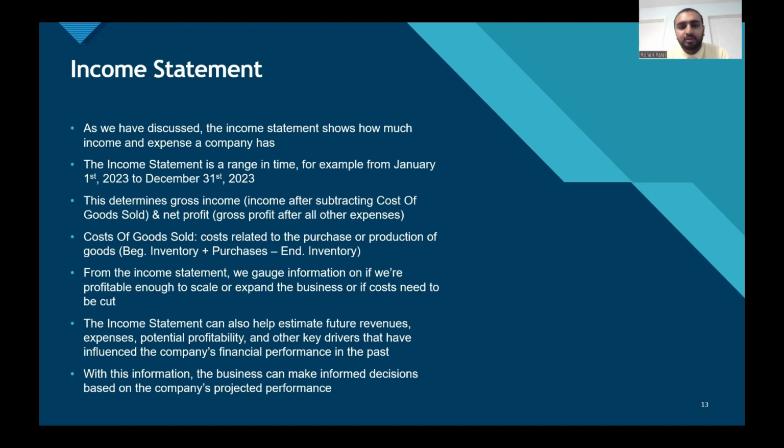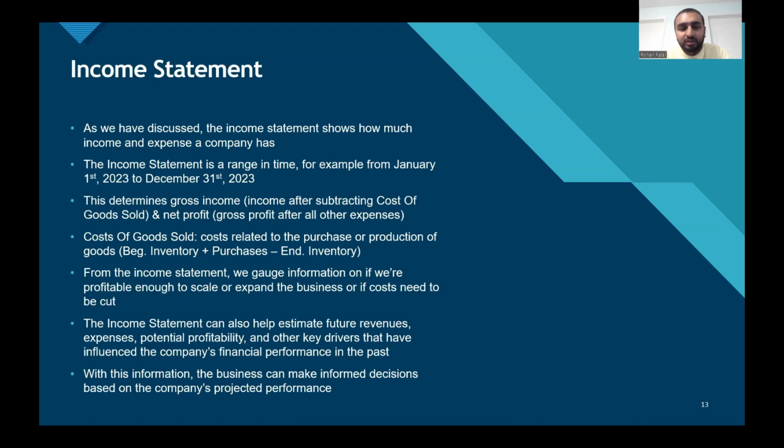The income statement can also help estimate future revenues, expenses, potential profitability, and other key drivers that have influenced the company's financial performance in the past, right? As you get all of this historic data, you're going to start to see trends, and you're going to start analyzing what we can do in the future, as we discussed in the first lesson, based on the past statements.